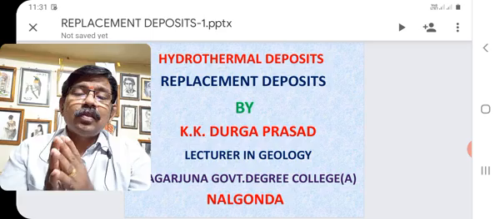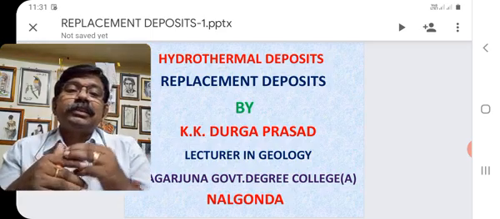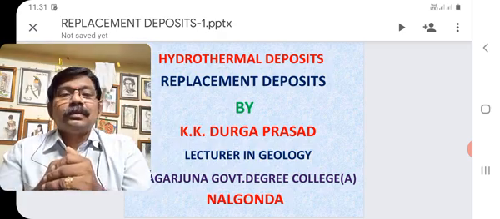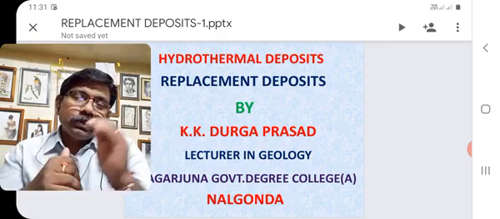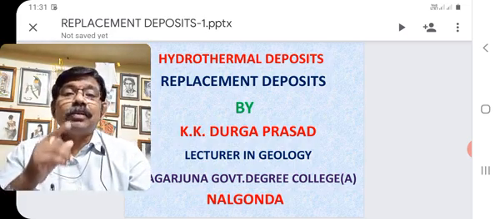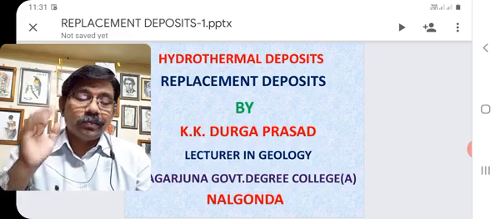After that magmatic concentration, this hydrothermal solution takes place. It is formed in the acidic rocks, whereas magmatic concentration forms in the basic and ultrabasic rocks.